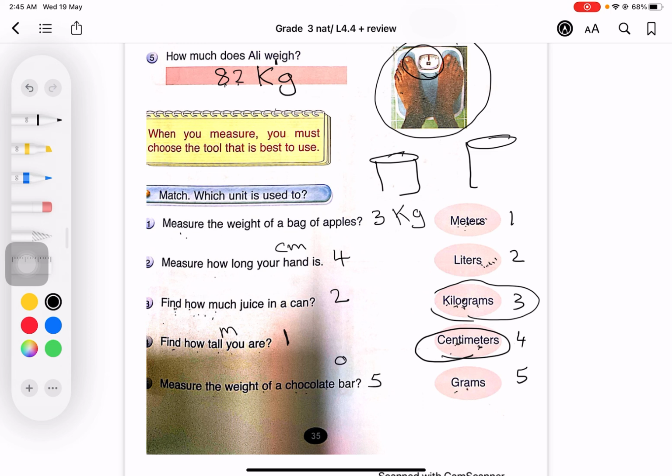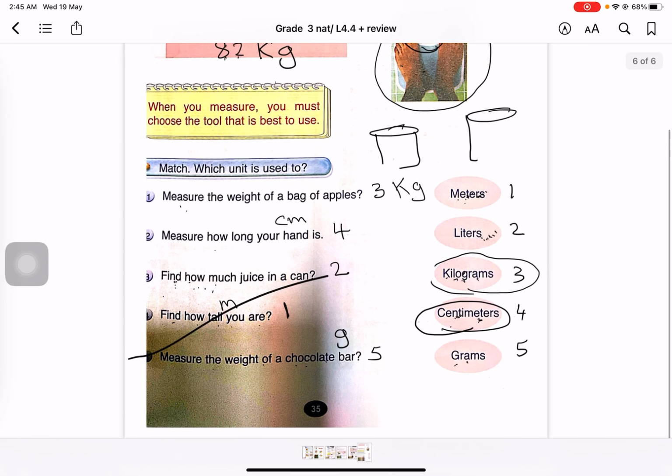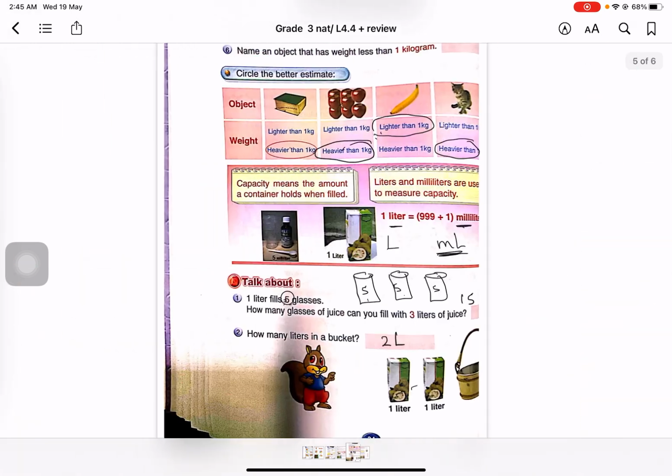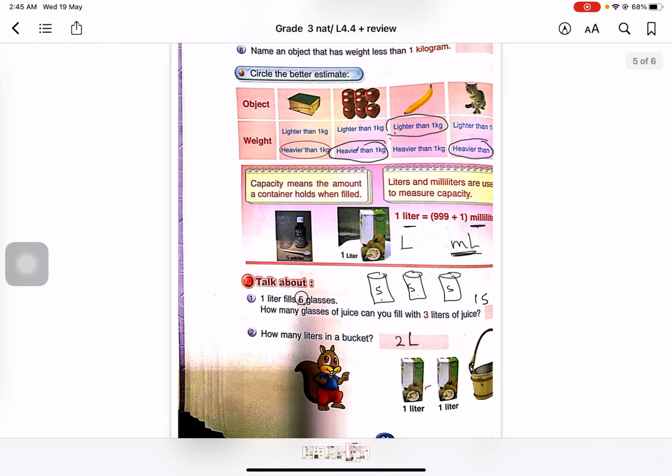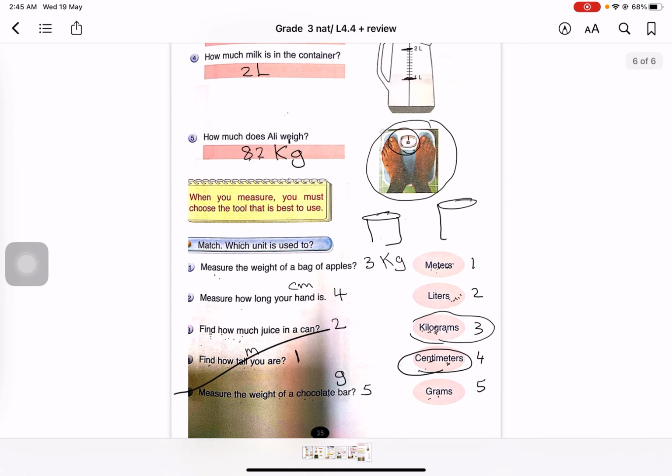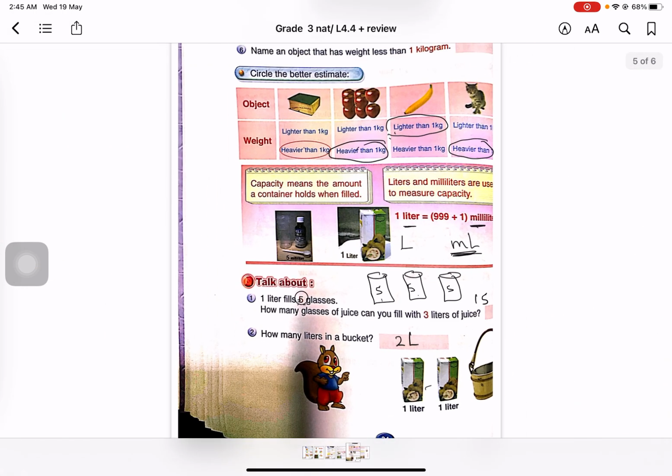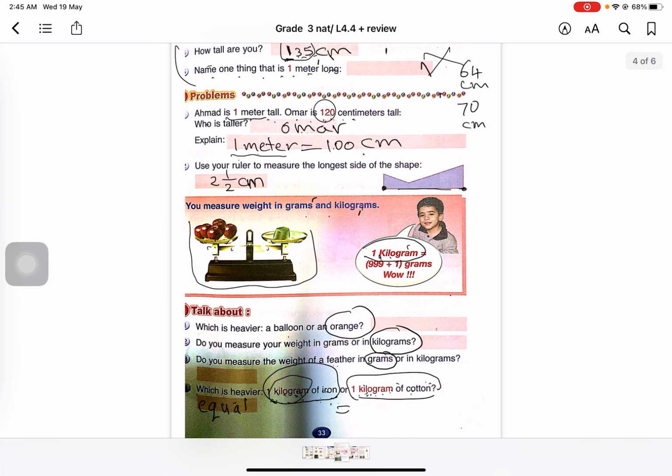The can is bigger than a cup, so you are going to use liters. Find how tall you are. Of course, you are going to use meters, and it is M. Measure the weight of a chocolate bar. It's very small, so you are going to use grams. You will write it G.